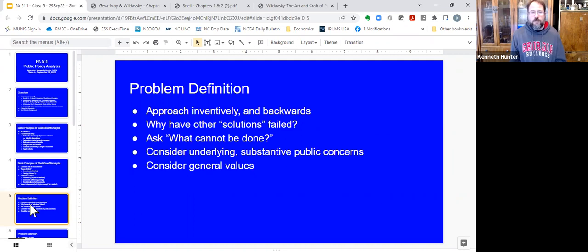I would also say that something you have to factor in is legality and constitutionality. You have to do your best to make sure, first of all, that what you're doing is legal or does not require a considerable change in law to achieve.